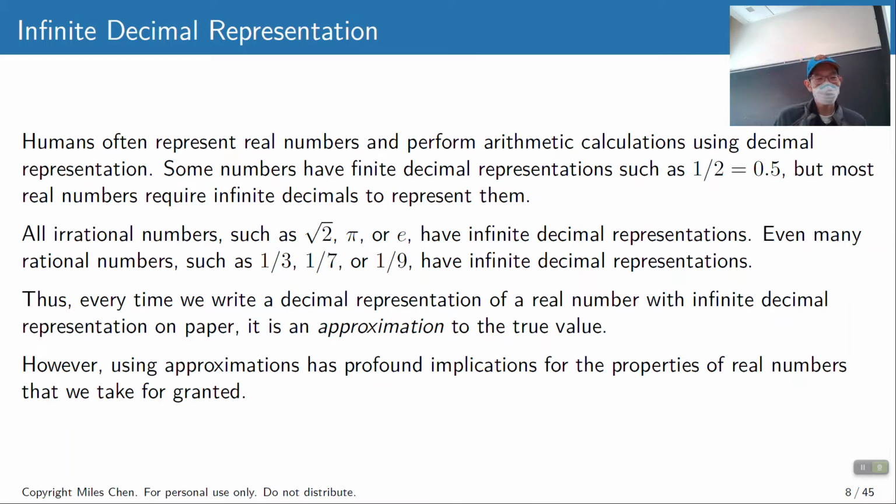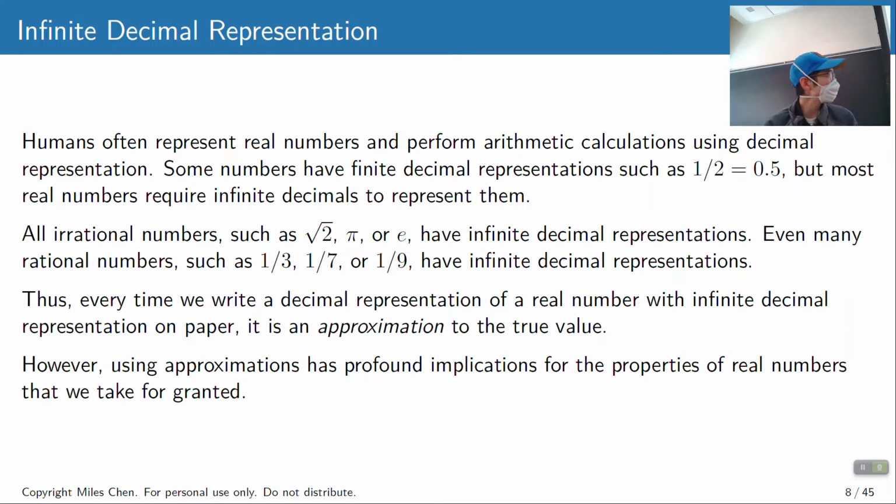Okay, so humans often represent real numbers and perform arithmetic calculations using decimal representation. And some things have finite decimal representation, like 1/2, okay? But a lot of them require infinite decimals to represent them, such as irrational numbers, and a lot of rational numbers still have infinite decimal representations, okay?